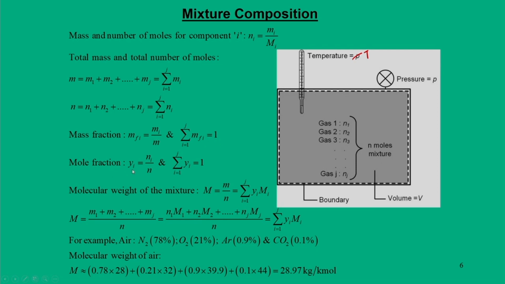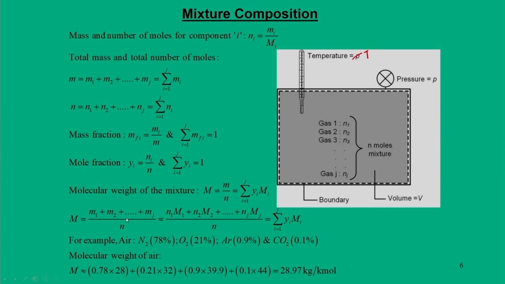Similarly, we can define mole fraction as Yi, that is Ni by N. Of course, the summation of Yi is also 1. Then we can find the molecular weight of the mixture. The total mass of the mixture is M and the number of moles is N, so the molecular weight of the mixture is M by N, and we can also find it by taking the summation of Yi into Mi, where Yi is the mole fraction of component i and Mi is the molecular weight of component i.